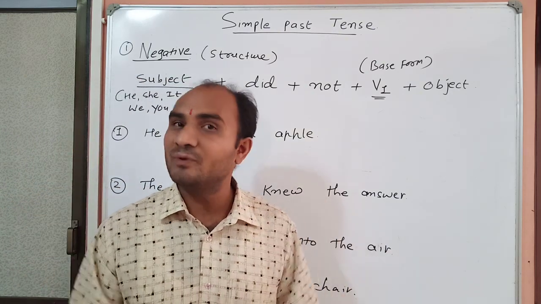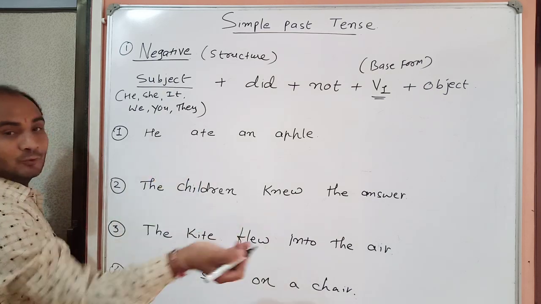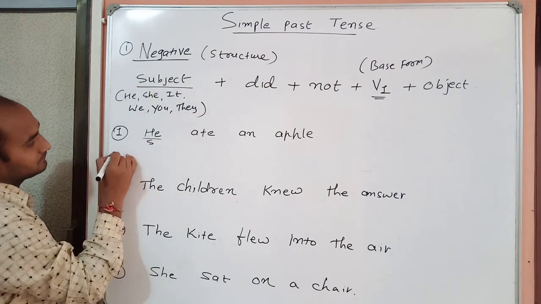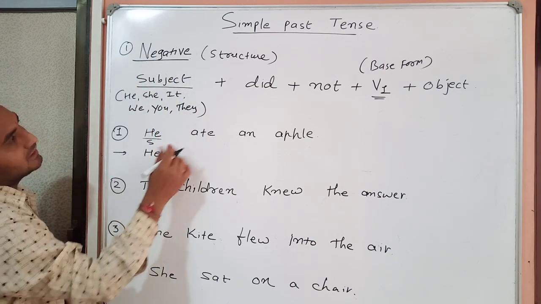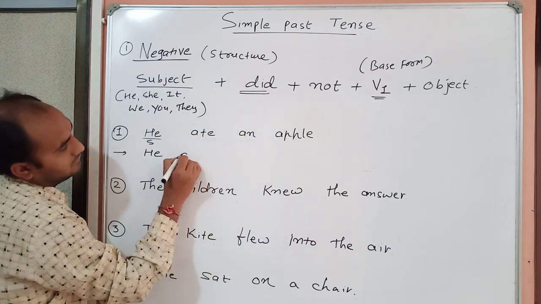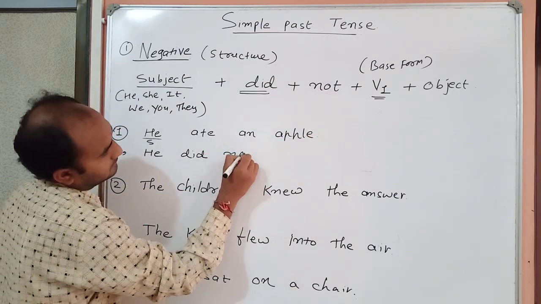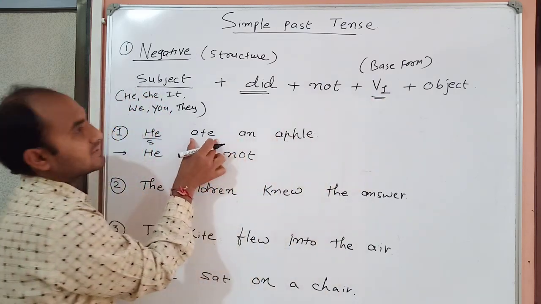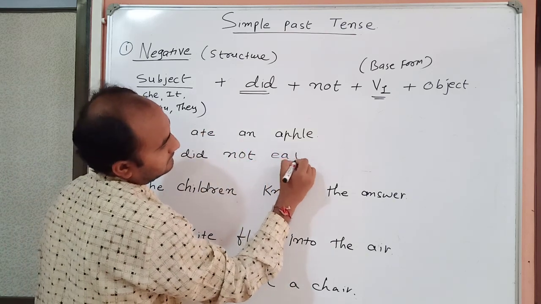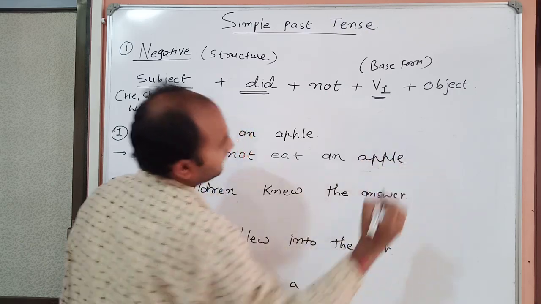Now let's solve some examples. A positive statement we will convert into a negative statement. Here it is the subject, he, then did, then not, then what is the base form of ate? Eat. Then object, an apple.